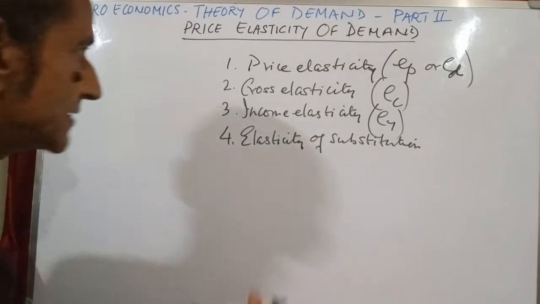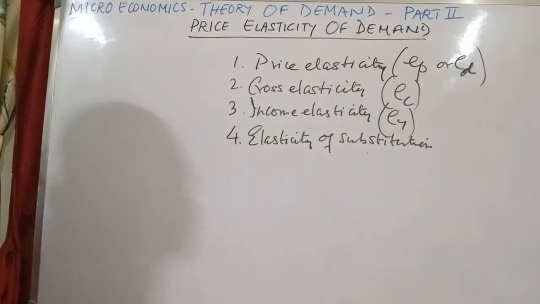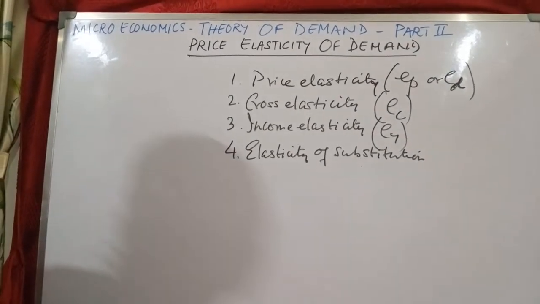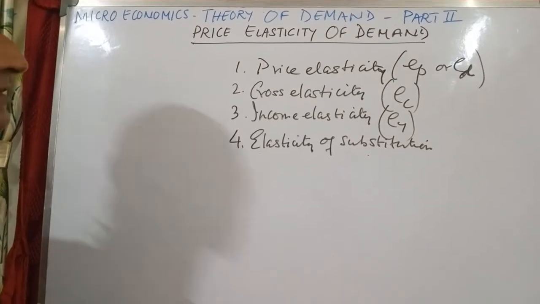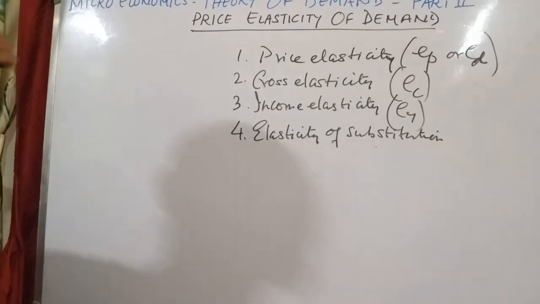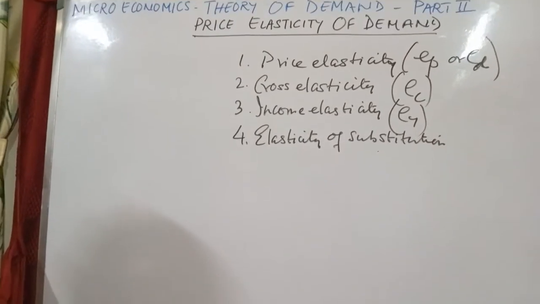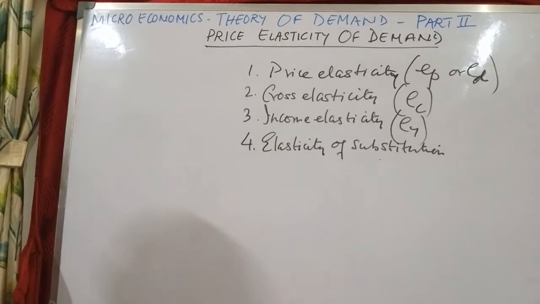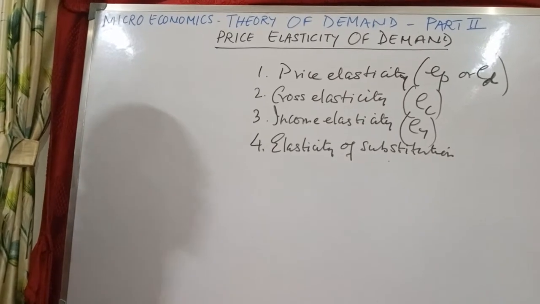And elasticity of substitution is altogether a different concept. It has nothing to do with price change or income change. Elasticity of substitution means the percentage change in ratio of consumption of two commodities with respect to percentage change in marginal rate of substitution.